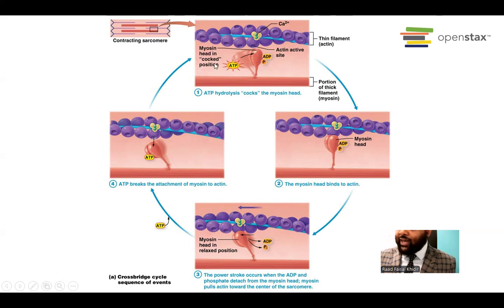So the myosin head is in the cocked position, and the myosin head would bind the actin.